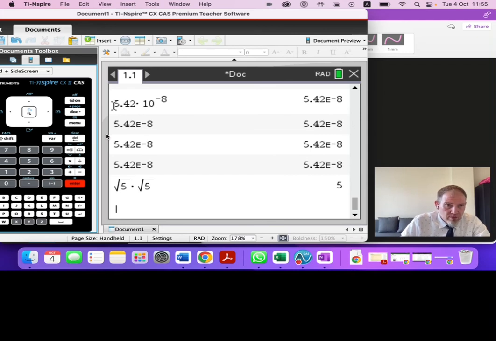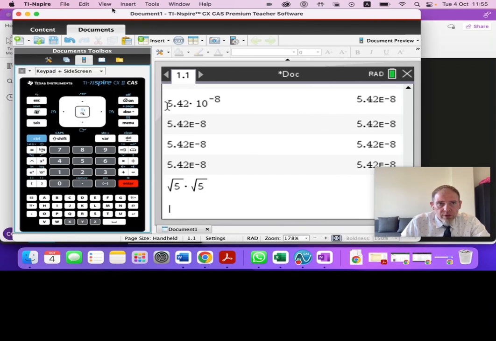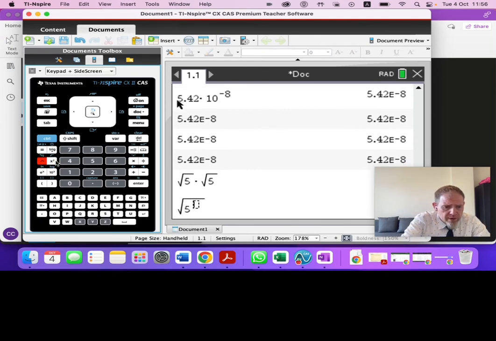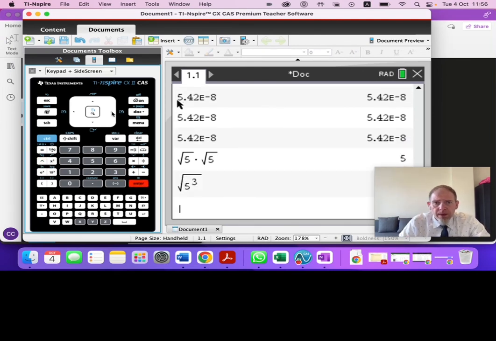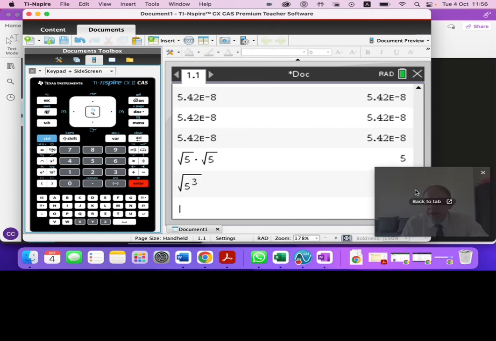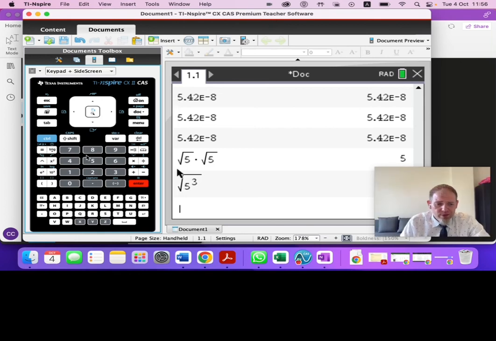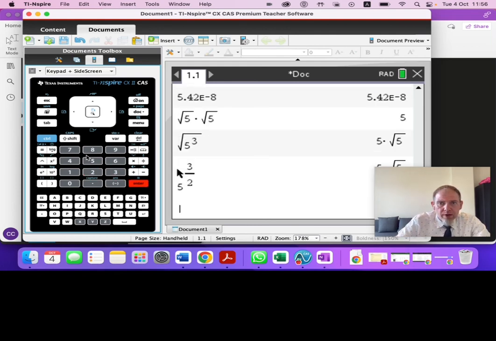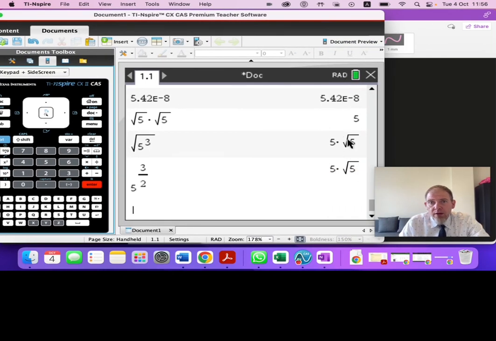I want to do the square root of 5 to the 3rd power. When I do that, actually, I'm not going to show you what that answer is. I'm just going to do the next part. I'm going to do 5 to the 3/2 power. And now the big reveal, once I move this over, ta-da!